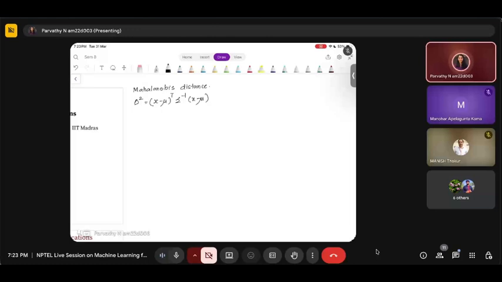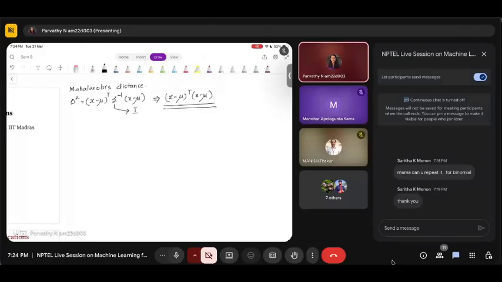So this is the Mahalanobis distance, and when this sigma is I, that is an identity matrix, then this is equal to, have you come across this distance anywhere? So when the covariance is an identity matrix, this is equivalent to Euclidean distance, x minus mu the whole square.